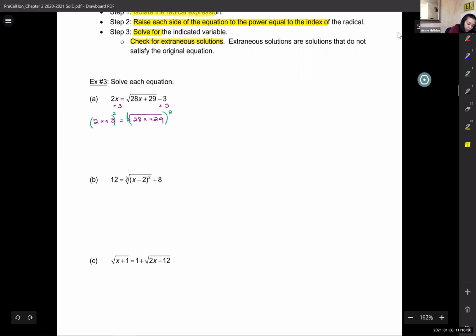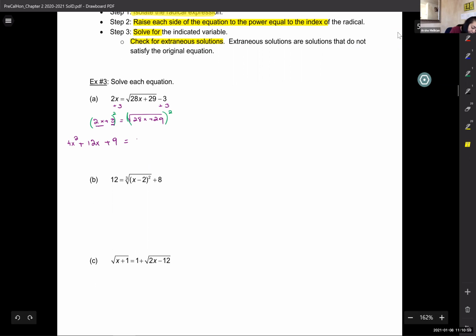We square the left side, and we get 4x squared. That's the first term. The middle term, which students always forget, is 2 times 3 times 2x, so 12x, plus 9.